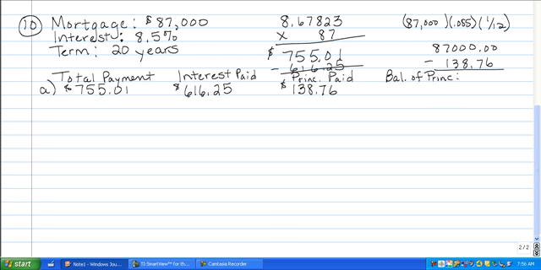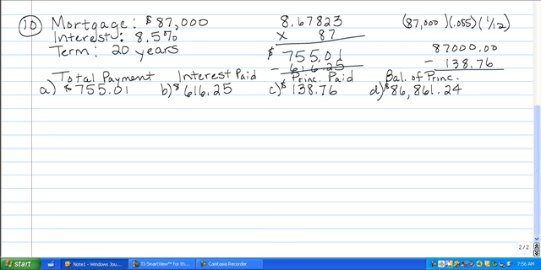So 87,000, whoops, clear. 87,000 minus 138.76 gives us 86,861.24. So we still owe quite a bit on that particular mortgage. So this is part B, this is part C, and this is part D.